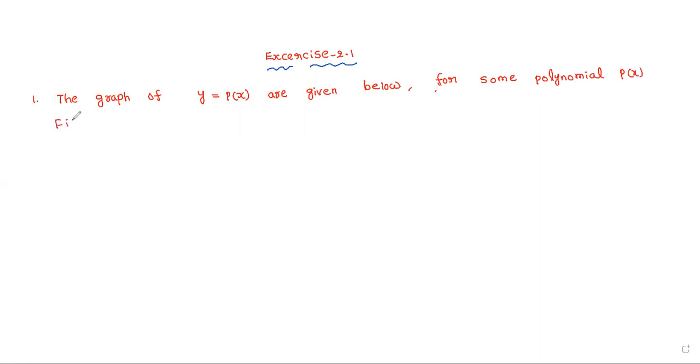Find the number of zeros of p of x in each case. So follow the first diagram, first question.